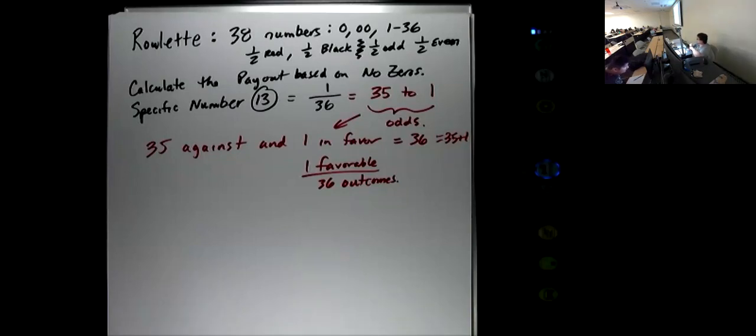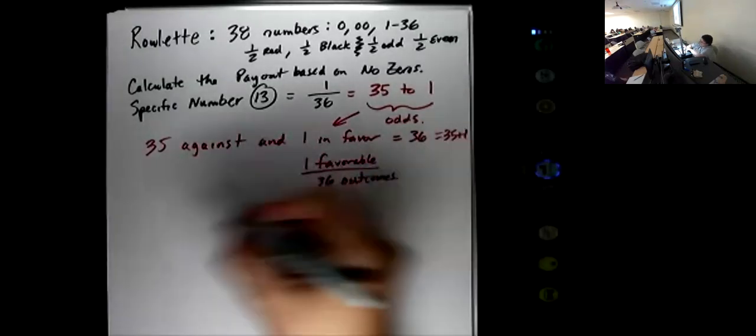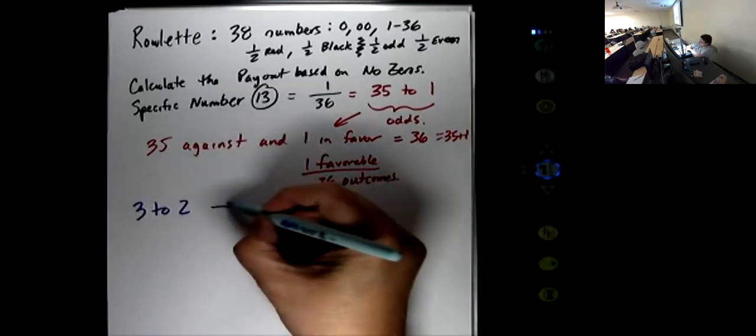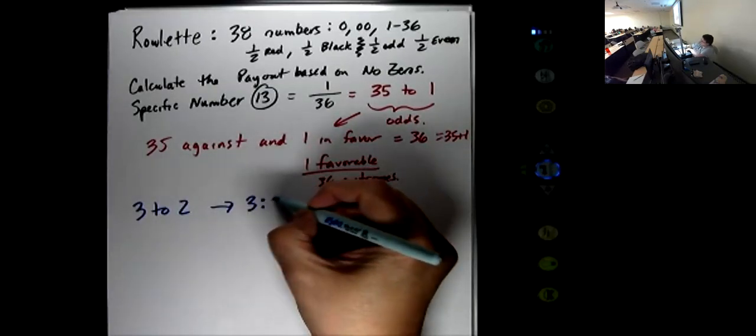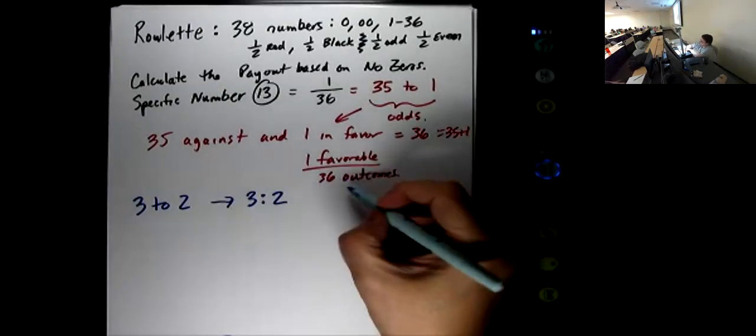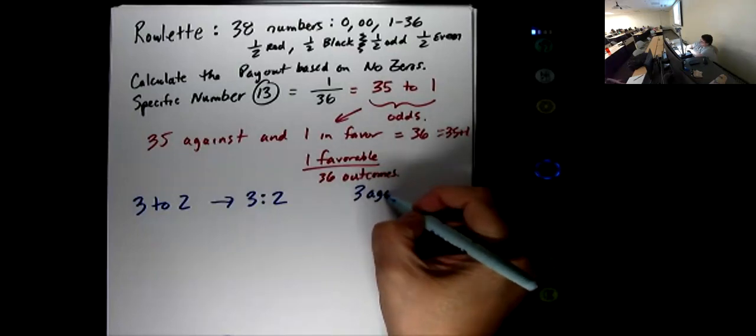It's just a brief lecture on what odds mean, because a lot of people don't understand how odds work, what it really means. So like, if I had 3 to 2, another way they write this is 3:2. It means 3 against, 2 in favor.